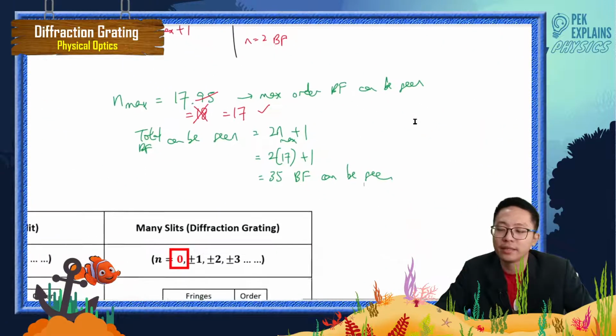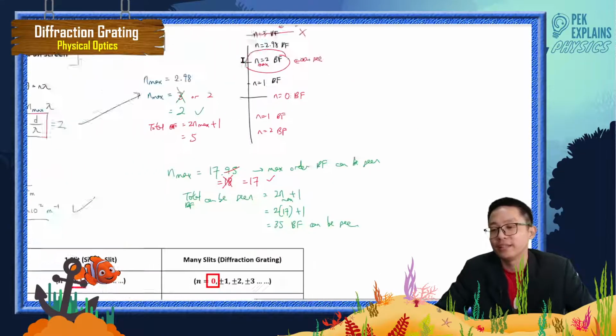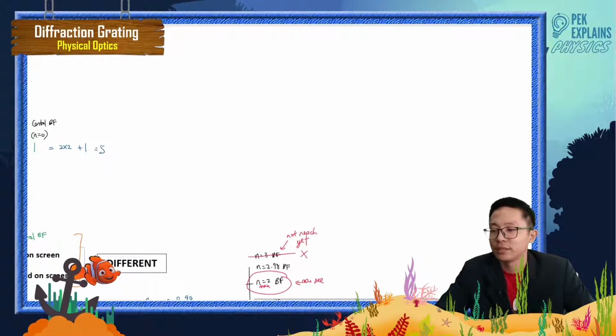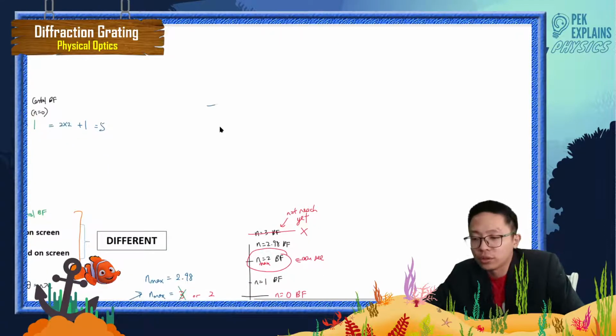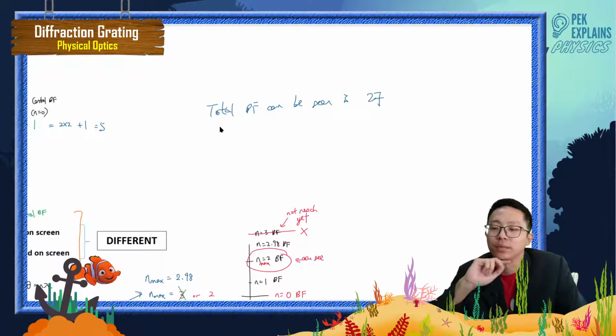Let's say the question gives you another situation. Let's say the total bright fringe that can be seen is 27. Total bright fringe that can be seen on the screen is 27.